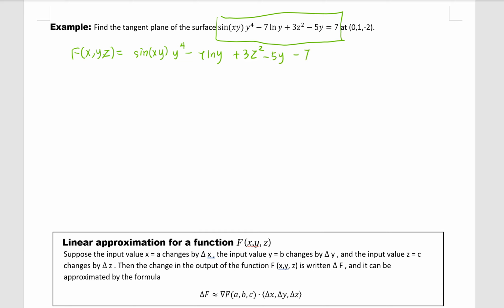Negative 5y has derivative negative 5, right? The derivative of sine is cosine of xy, but the derivative of xy, because we're taking the derivative with respect to y, will be x. So copy down. So far, so good, everybody?